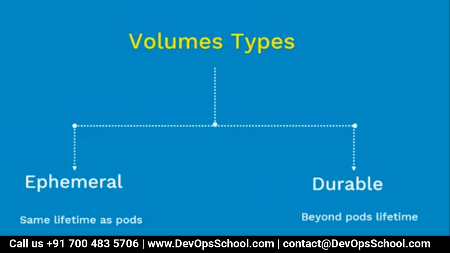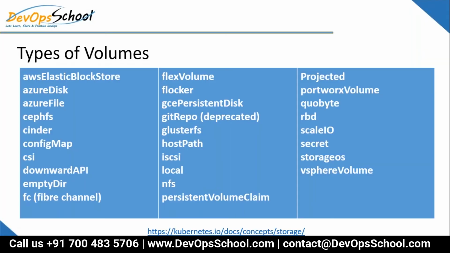This is called ephemeral, and it is not what you are looking for. You are looking for durable volumes, which live beyond the pod lifetime. That means the pod is deleted or whatever, and the volume is still there. So you want the durable. With that, let's understand the types of volumes I've been talking about.